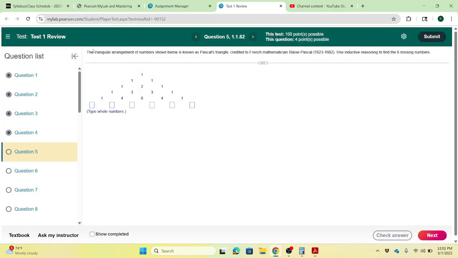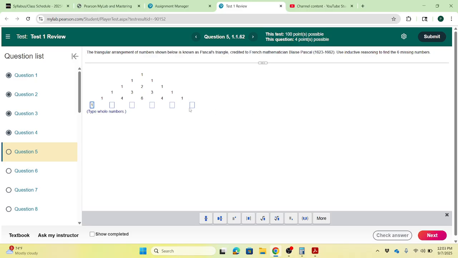Okay, find the pattern. The triangular arrangement of numbers is given here. That's called Pascal's triangle. So how is it going? There is a 1, 1, 1. If you add this 1 and 1, it gives you 2. If you add 2 and 1, you always start with the 1 and 1.